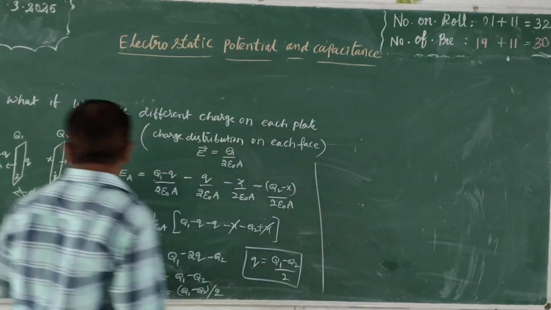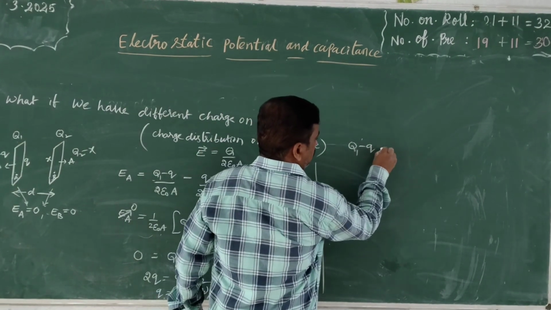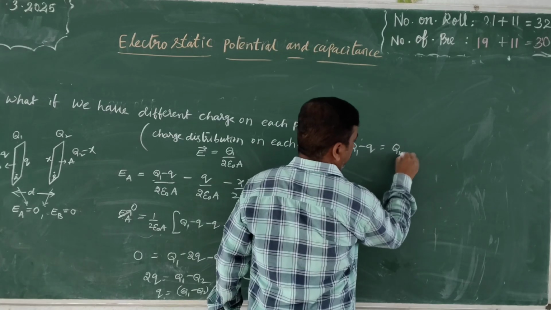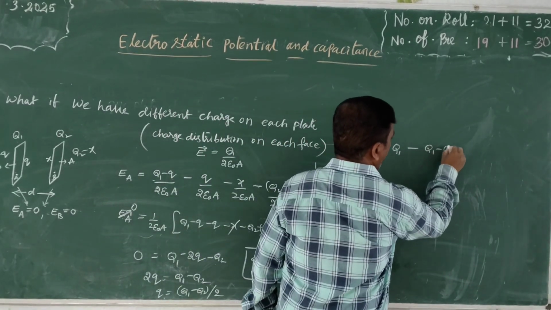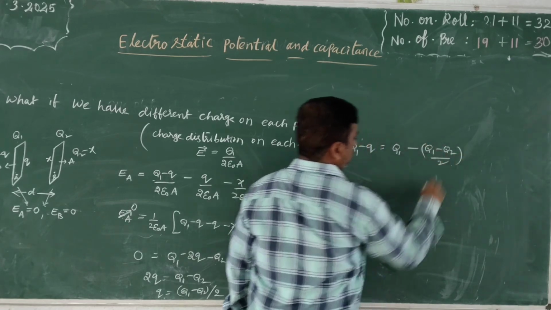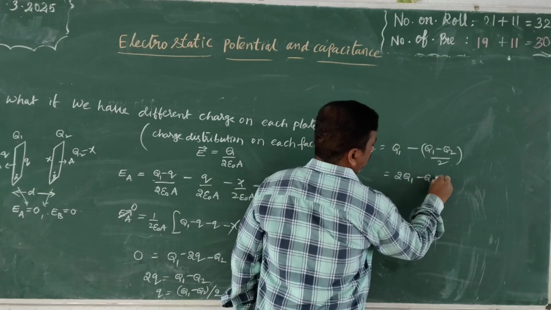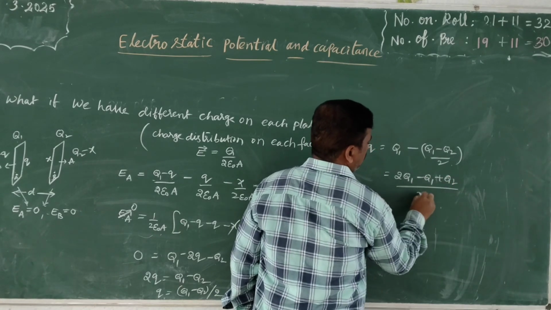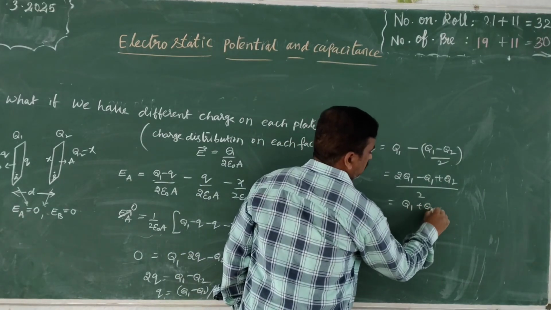Now we want to find q1 minus q. We know q, so q1 minus q means q1 minus (q1 minus q2) by 2. Taking the LCM, we get (2q1 minus q1 plus q2) by 2, which is q1 plus q2 by 2.